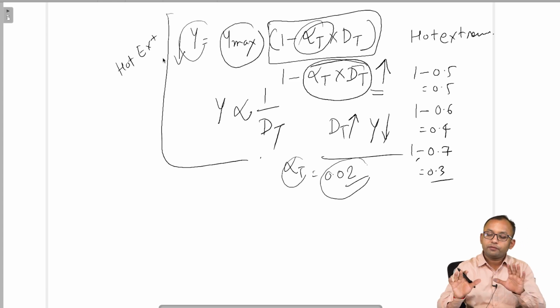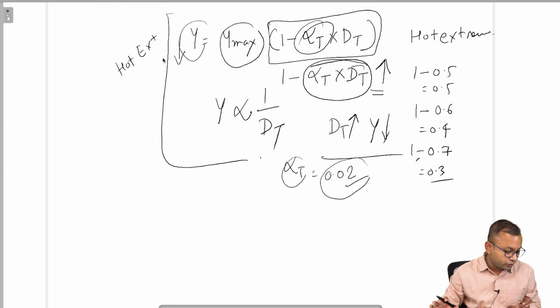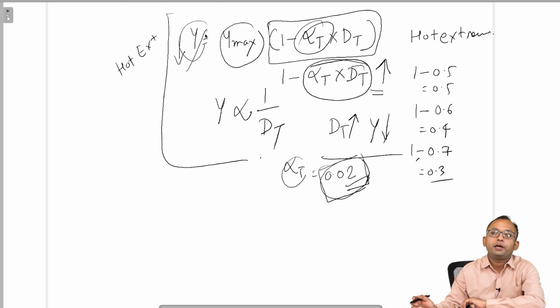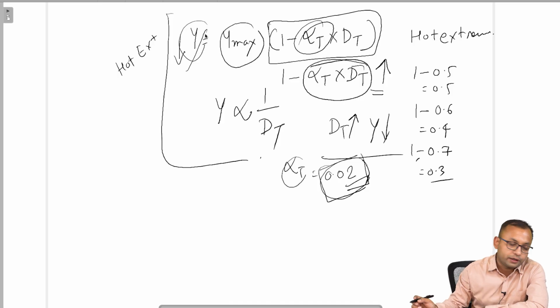So whatever parameters, whatever value we are using here, that has to be calibrated from the observed data set. Once we have observed data set from the different observations, then based on that we would be able to calculate the crop yield difference during the particular hot extremes.